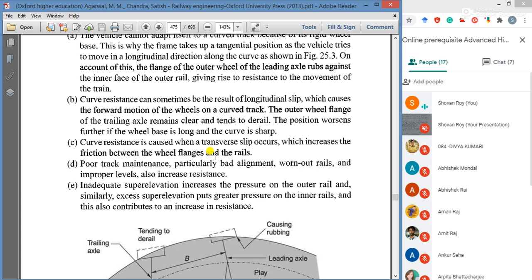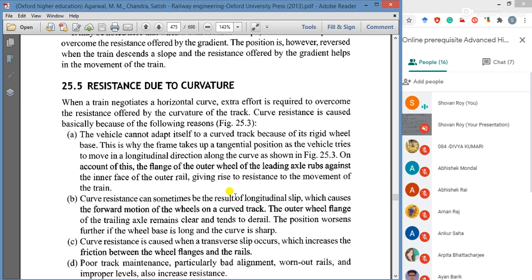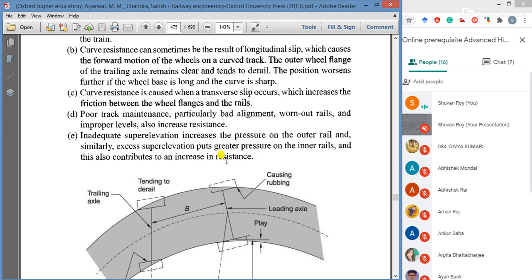Normally, for horizontal movement of the wheel, very little friction is there, but however, due to this friction the resistance can be generated, and we should consider that kind of resistance which is normally generated due to curvature.